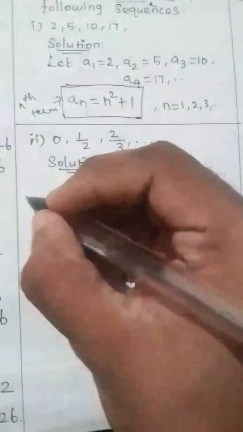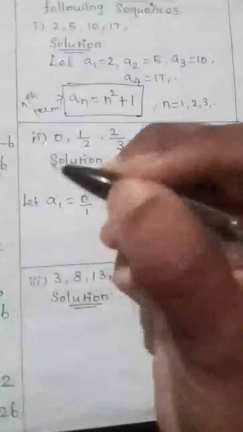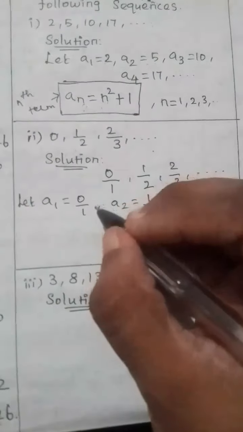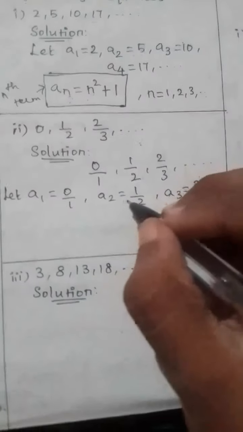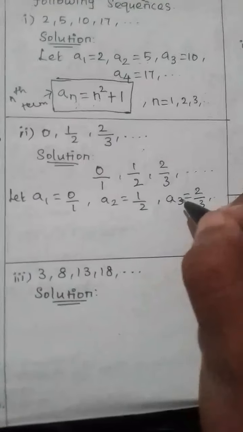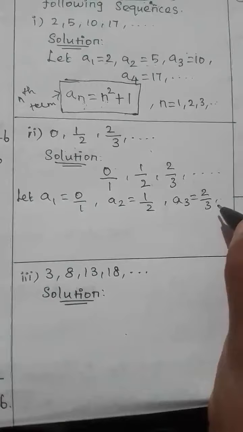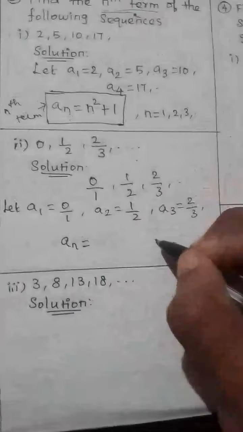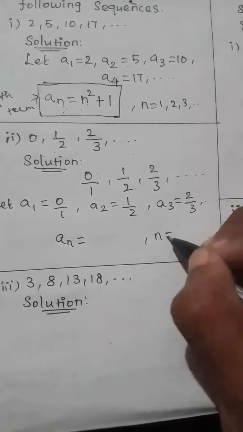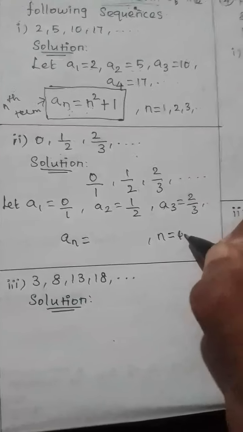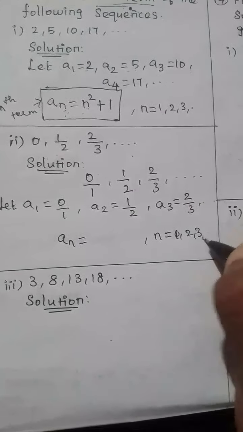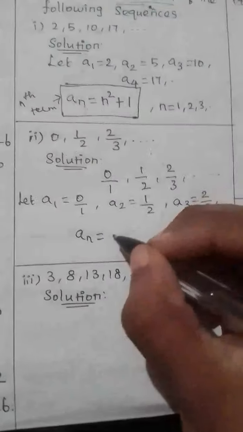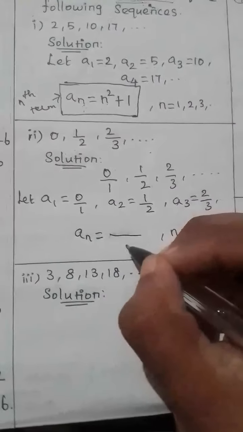Let us take our first term as a1, that is 0 by 1, second term a2 is 1 by 2, third term a3 is 2 by 3. So our general term an equal to, where n takes the values as natural numbers 1, 2, 3 and goes on.